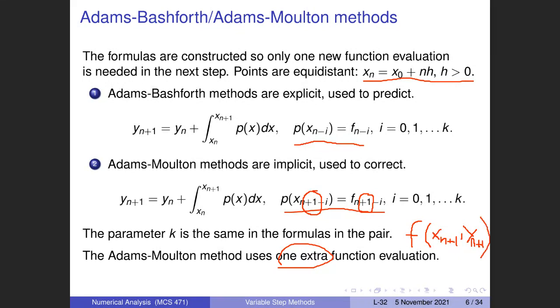You want to construct an interpolating polynomial, but you actually don't know where to construct that interpolating polynomial at the very end. That's why they are used in a predictor-corrector method. The Adams-Moulton method uses one extra point when it corrects.